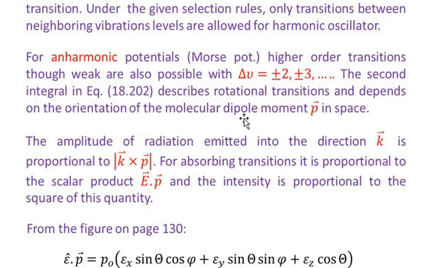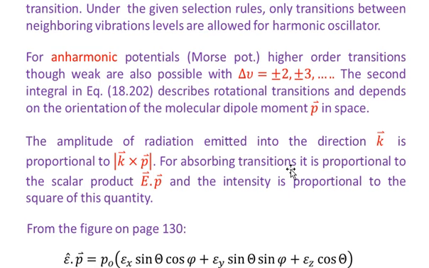Of course, the direction of P is very important in all these integrals. The amplitude of radiation emitted into the direction K is proportional to the absolute value of K cross P. Because here we are talking about the amplitude of emitted radiation in the direction of K, the intensity is proportional to the absolute square of K cross P.